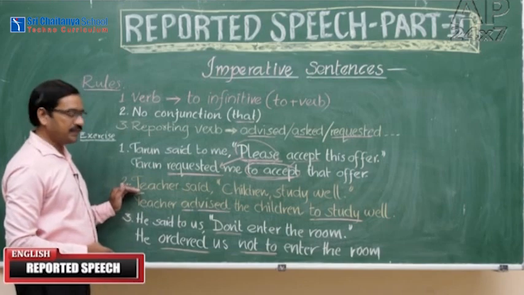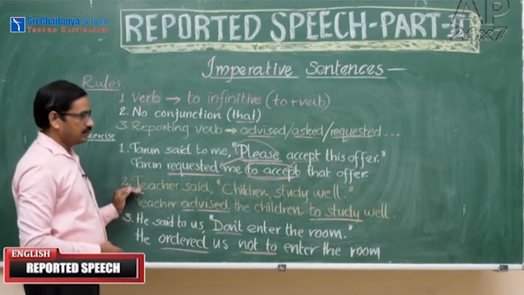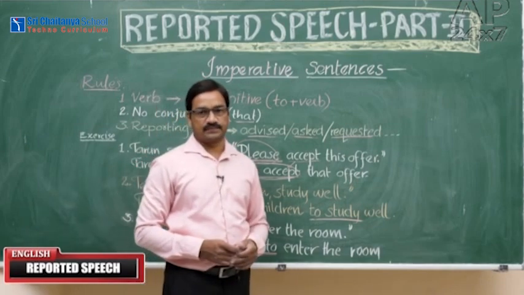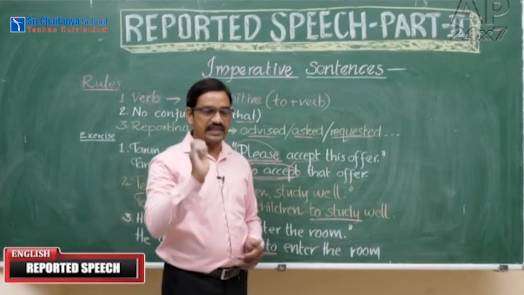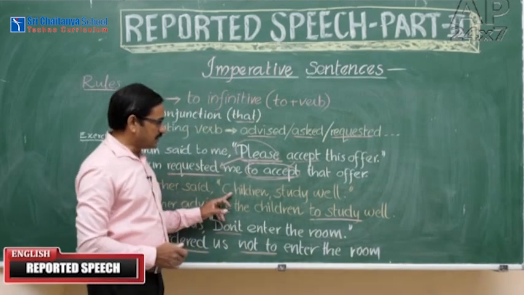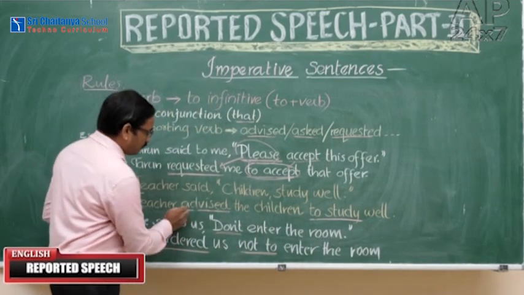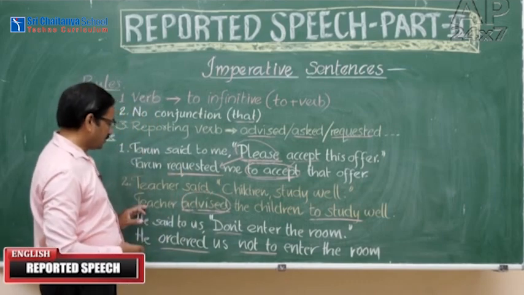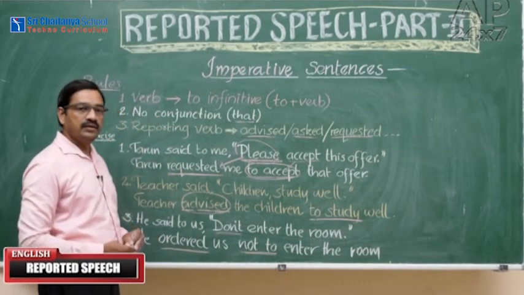Let's see another example. Teacher said, children, study well. What kind of a sentence is this? Children, study well. It is an advice, right? Since this is an advice, we are going to use the word advised here in the indirect speech. Teacher advised the children to study well.